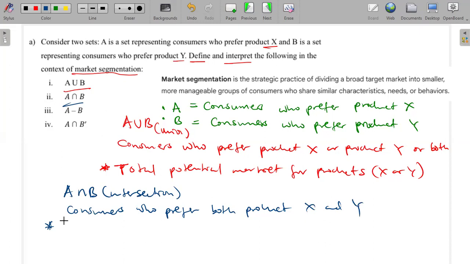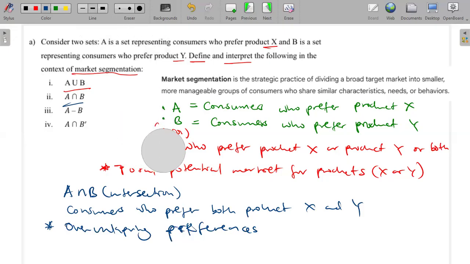It shows us those who really are going to prefer both the products. Okay, so this is the interpretation of A intersect B.